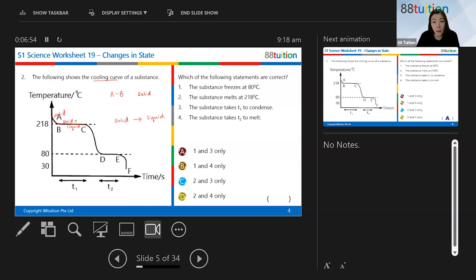Melting. During melting, do you think temperature is taken in or given out? Taken in. So if that energy is being taken in, how come the temperature is decreasing?